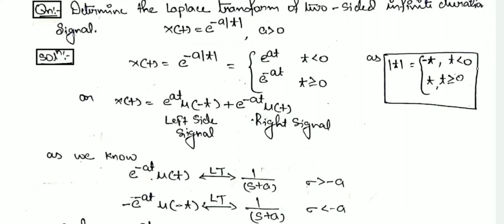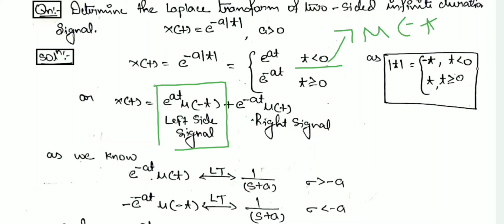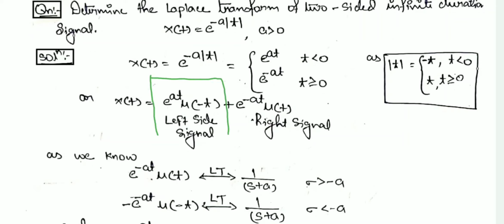Then we break this signal into two parts. The first is a left-sided signal for t less than 0, so it is multiplied by u of minus t, and the second is a right-sided signal, so it is multiplied by u of t. So e to the power at u of minus t is a left-sided signal, and e to the power minus at u of t is a right-sided signal.